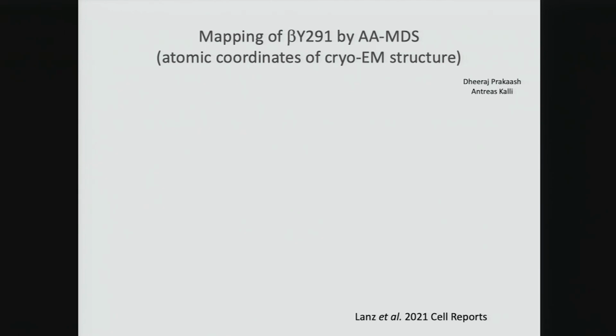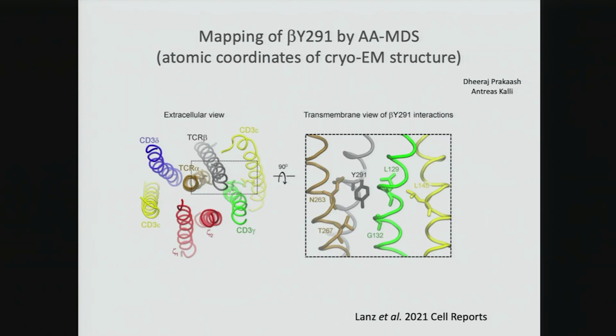Then we started collaborating with Diraj and Andreas in Leeds, and they looked into the atomic coordinates in the cryo-EM structure. They found that this tyrosine was in a particular critical position that interacted with at least 3 residues.